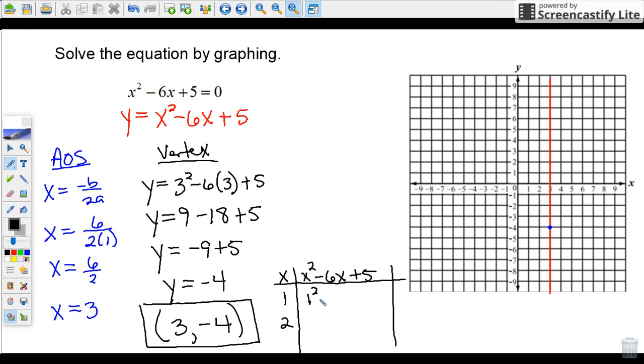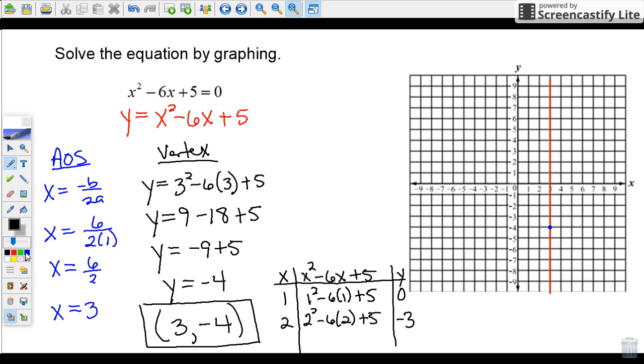So this is going to be 1 squared minus 6 times 1 plus 5. 1 squared is 1. 6 times 1 is negative 6. So 1 minus 6 is negative 5 plus 5 is 0 for y. When I plug in 2, 2 squared minus 6 times 2 plus 5. That's 4 minus 12 is negative 8 plus 5 is negative 3.